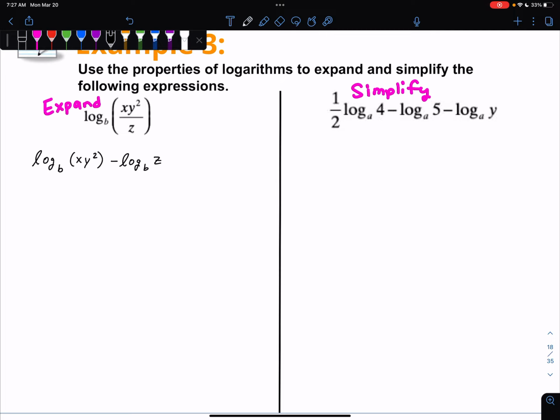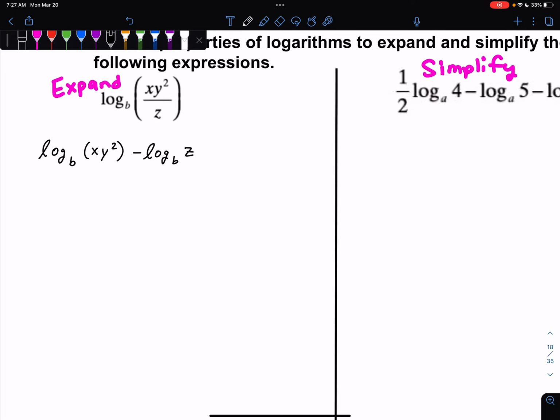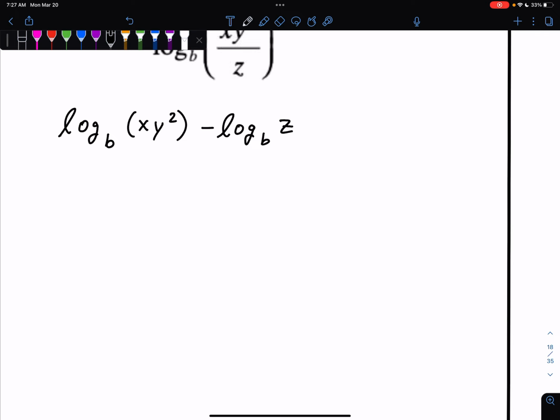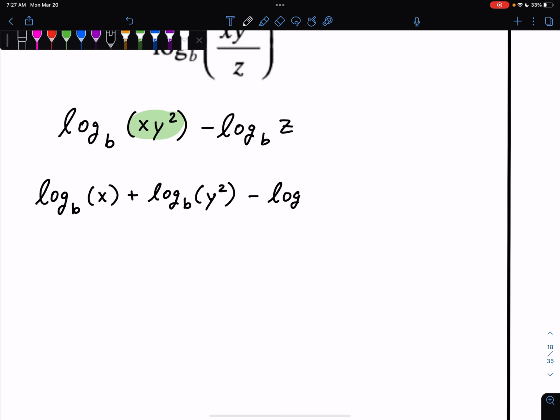So I started my expansion. I'm not done yet. I've got to keep going. Now I notice I have a product rule, they're being multiplied. So I have log base b of x plus log base b of y squared minus log base b of z.